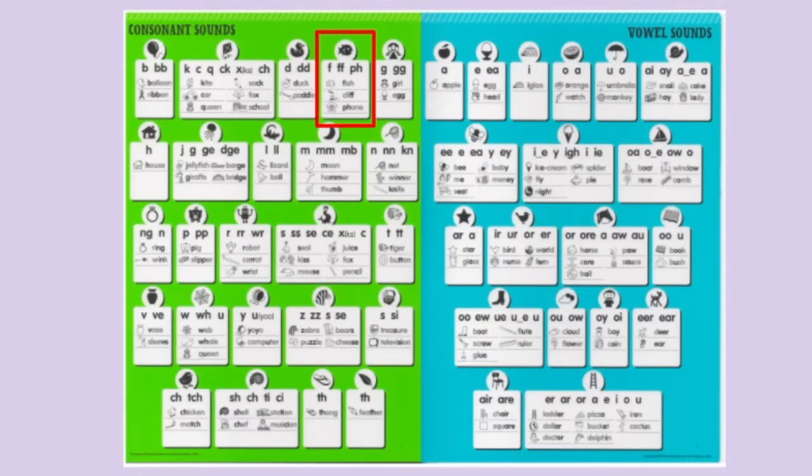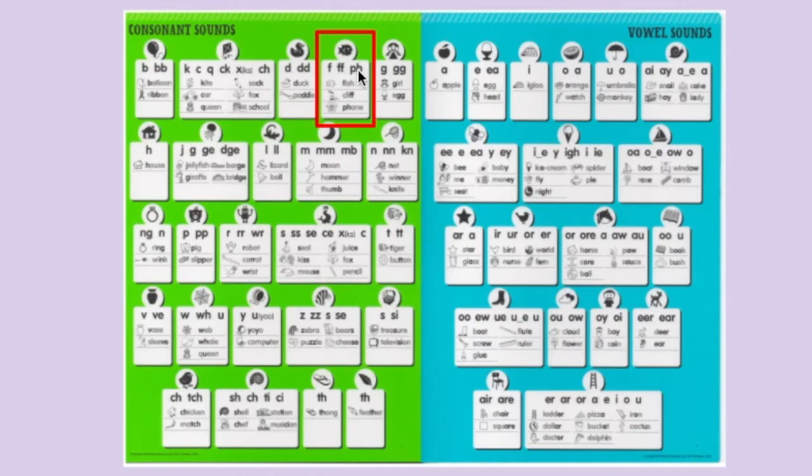When students first learn to write, they will be using the most common graphemes, or letter combinations for each sound. So they will be looking at using the first letters given in each sound box. So for the F sound, they will be looking at using the letter F, like in the word fish. But later on in the year, the students will start to look at other graphemes for each sound choice.